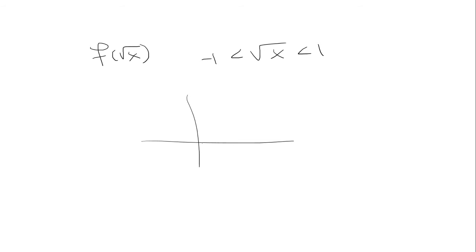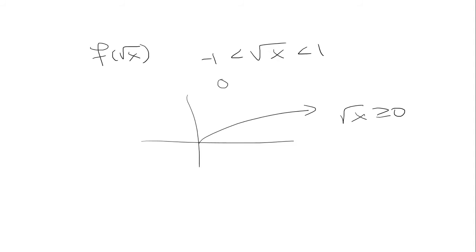So let's say I have f of square root of x. We know that the square root of x has to be between -1 and 1. So if I square both sides, well, first, before I square both sides, I know that the square root of x is always going to be greater than or equal to 0. There's nothing below the square root of x.